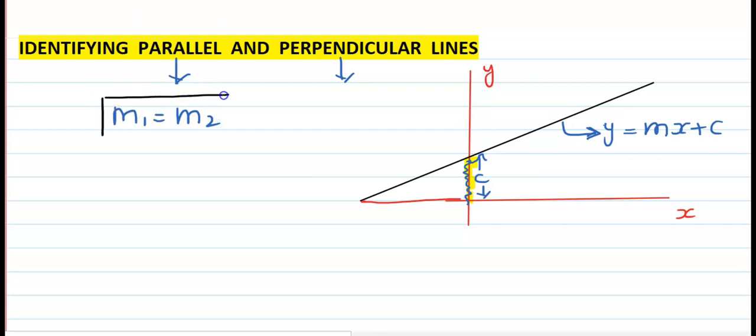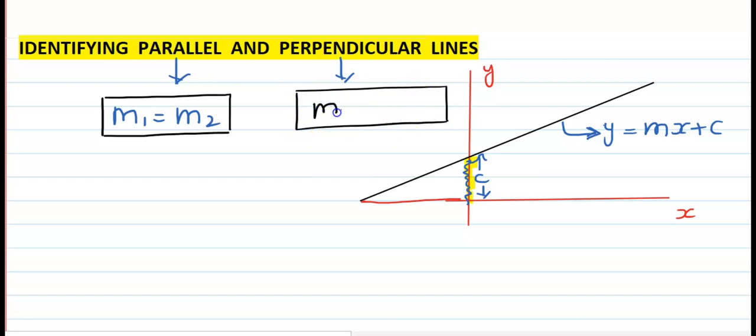If lines are perpendicular, then the product of the gradients, m1 times m2, should be -1. So these are the two conditions. Let me write it down clearly here: m1 times m2 equal to -1.